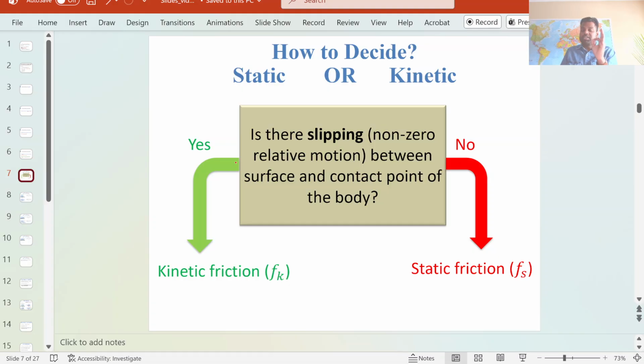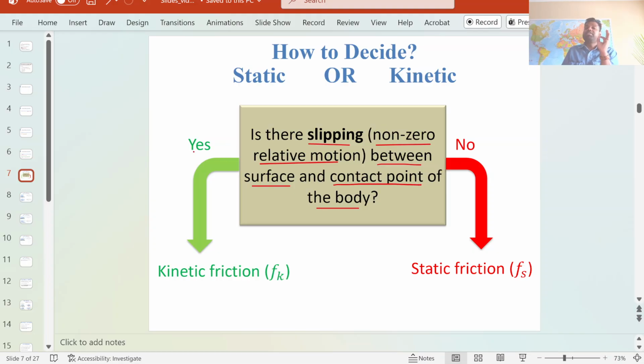So memorize this. If there is slipping, and what does slipping mean? It means non-zero relative motion between the surface and the contact point of the body.